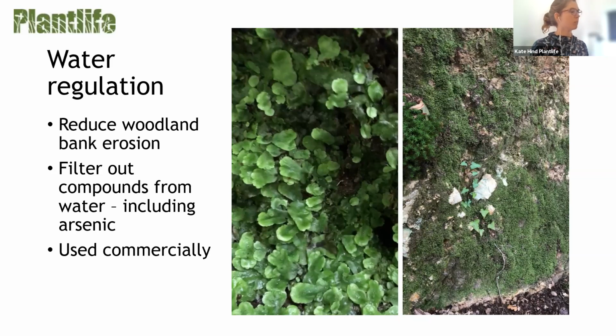And so that's got lots of different people and scientists and researchers thinking, well, how can we utilize this? And now different mosses are being used commercially to help filter out different minerals and compounds from water. And instead of having to use different chemicals or having different things erode because of compounds like iron getting in there, the mosses are reducing the cost and cleaning the water. So they're fantastic. They're already being used commercially in lots of different areas, and I can see that growing in the next few years as well.